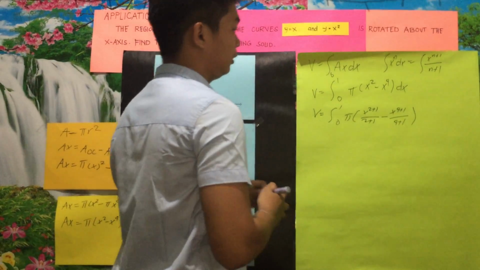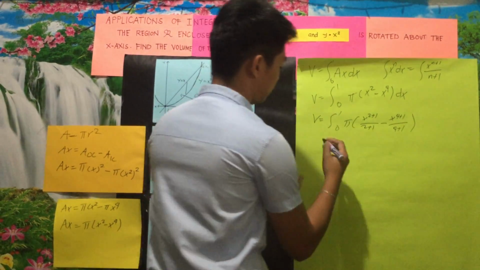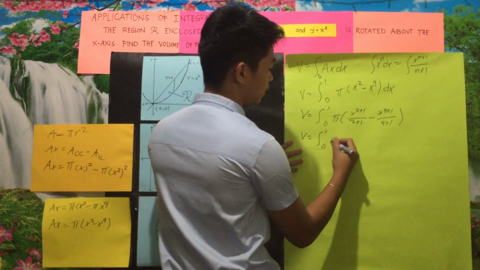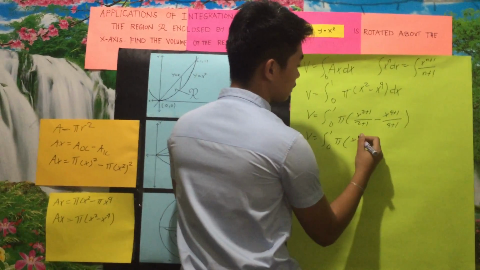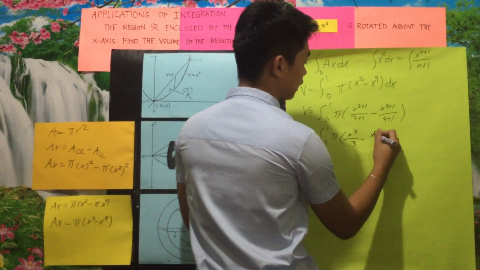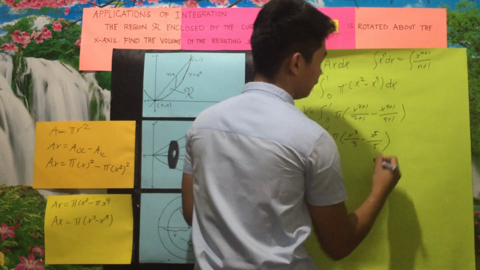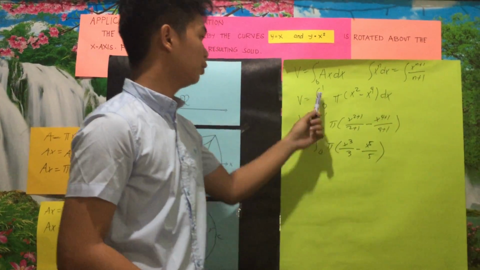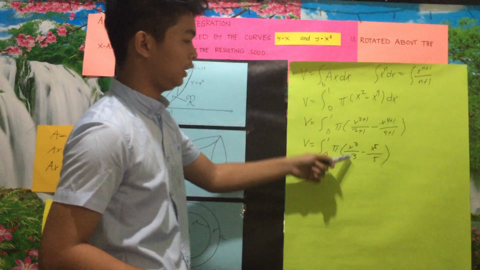And it will then simplify further. It will now become V equals pi times x cubed over 3 minus x to the 5 over 5, evaluated from 0 to 1. And since we have the maximum and minimum values, we can substitute them.